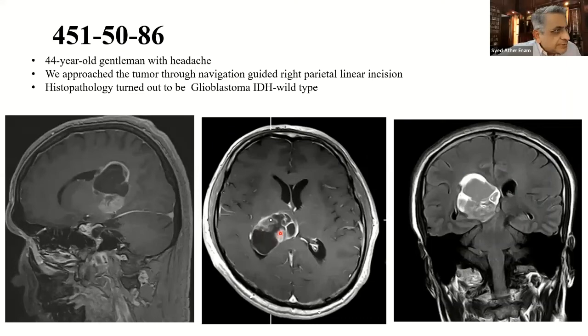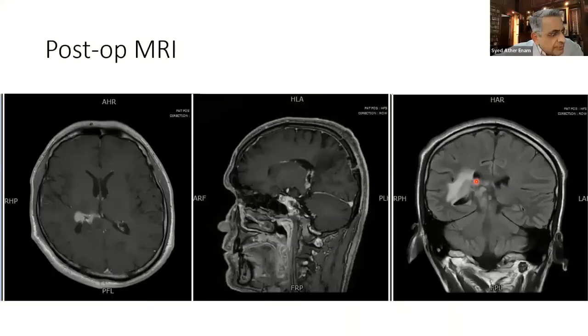In this case, going through this approach would have been a little difficult because it's too far medially, and that gives me more anatomical view, looking both anteriorly and into the trigone and in the beginning part of the temporal horn. So this one I approached from the right parietal incision, and it was approached from here basically.